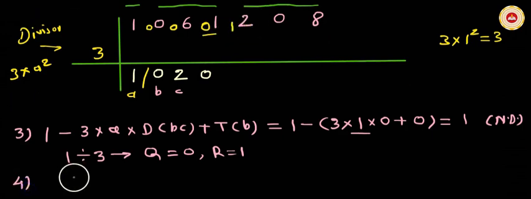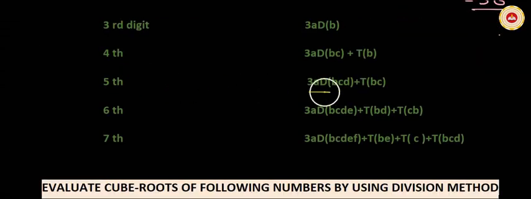Step number 4, 12 minus, see this is A, B, C, D, this is digit D. Now we are going to calculate the fifth digit here. For the fifth digit, what is to be subtracted from this 12? See, fifth digit, 3 multiplied by A, duplex of BCD plus triplex of BC.